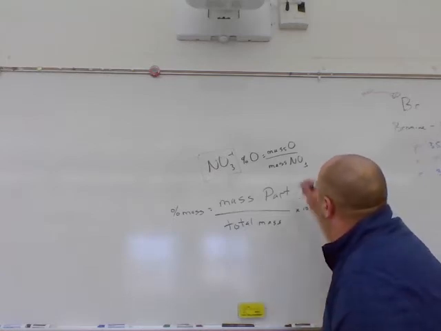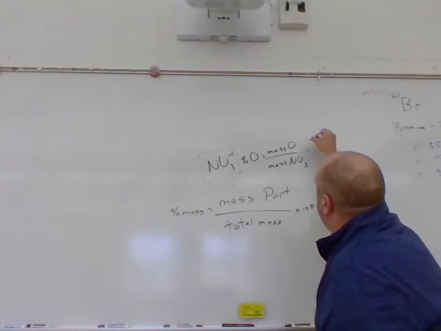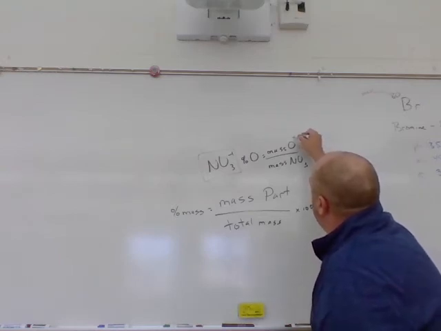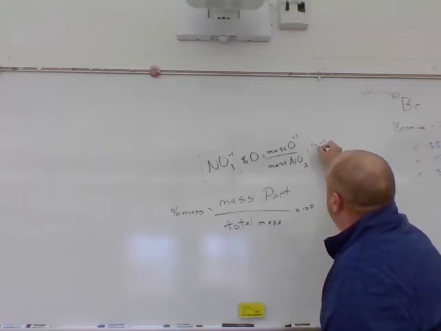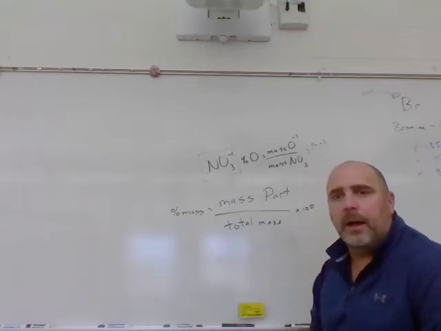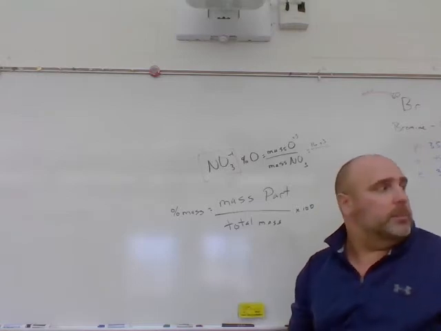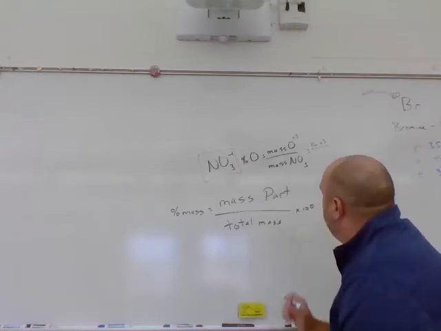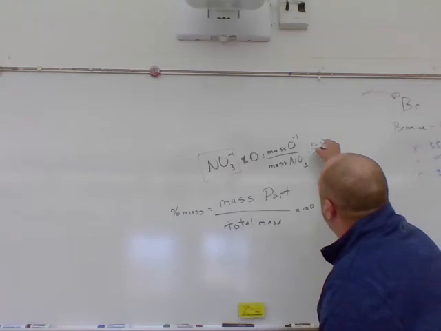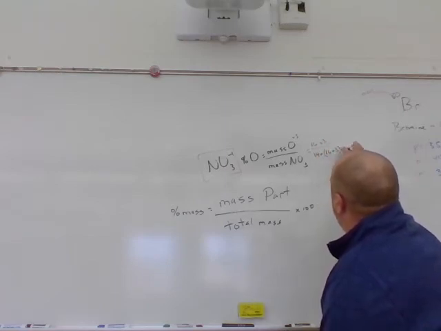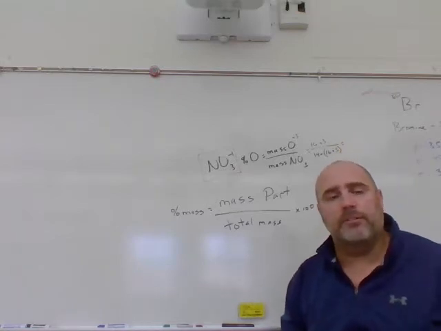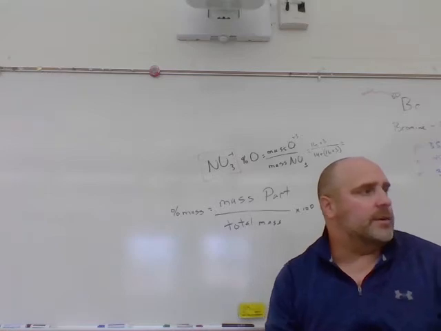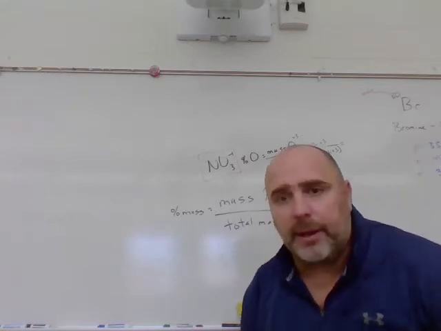The top number is the mass of oxygen, and don't forget there are 3 of them, so it's 16 times 3, or 16 plus 16 plus 16. The bottom number is the mass of the nitrogen plus the mass of the 3 oxygens, so the 16 times 3, but also the 14 for the nitrogen. I got those numbers from the periodic table.